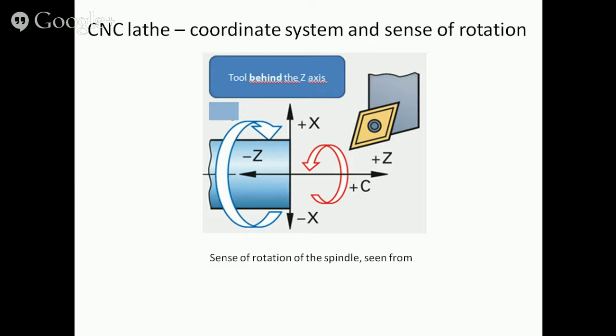The sense of rotation of the spindle, seen along the Z-axis and towards the center of the face of the workpiece, is clockwise, as shown by the blue arrow in the diagram.